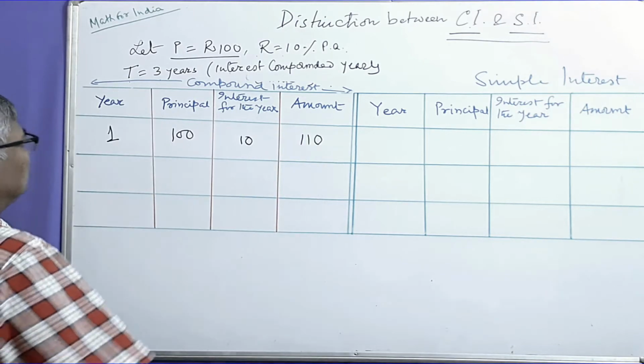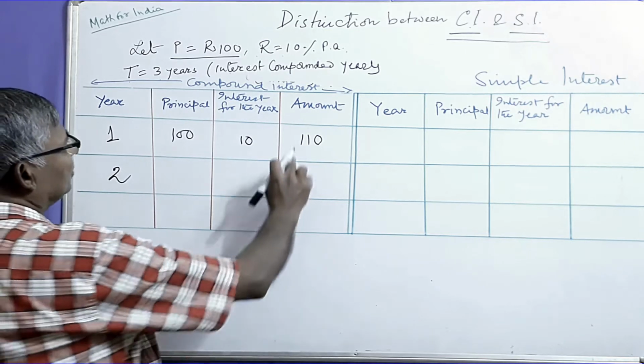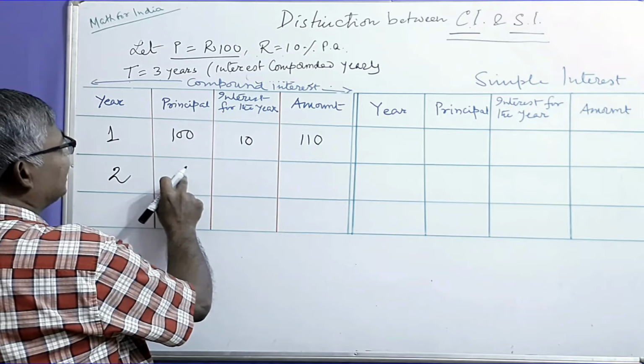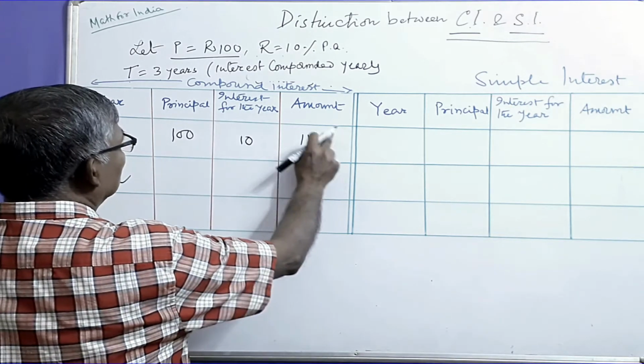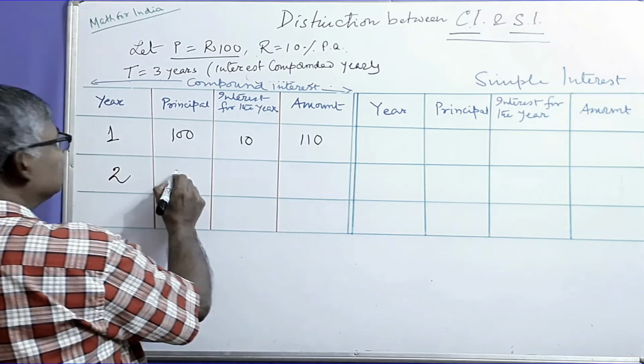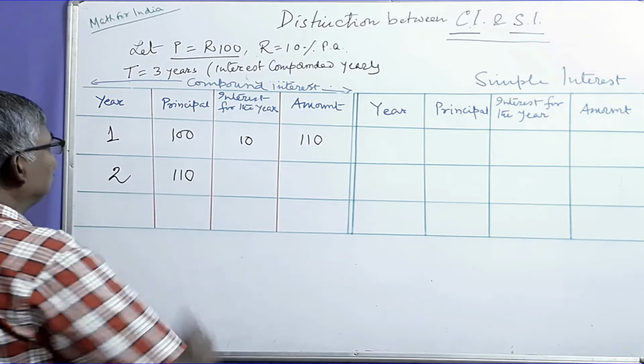Now, what would be the principal of the second year? In case of compound interest, the amount of the first year would be the principal of the second year, that is 110.